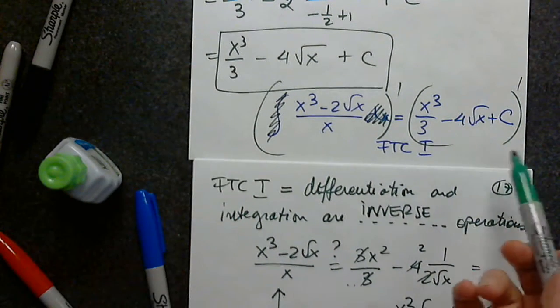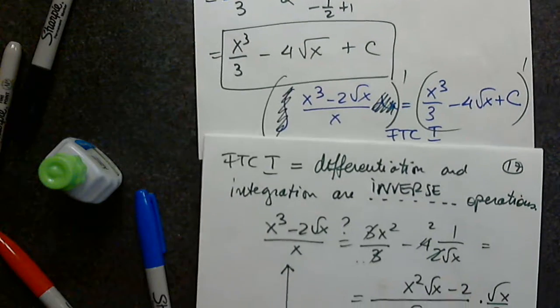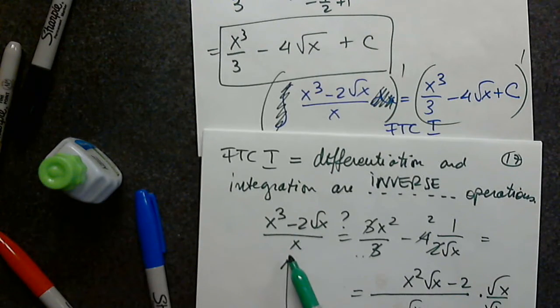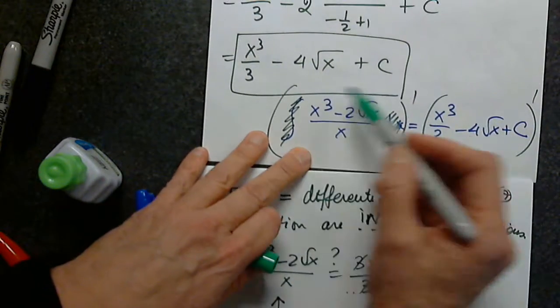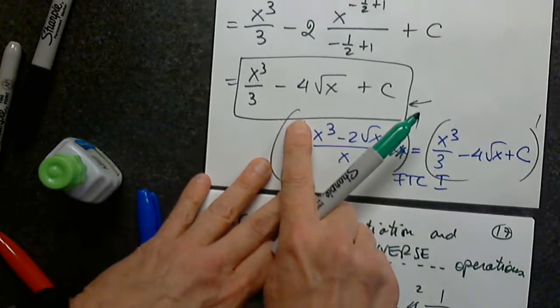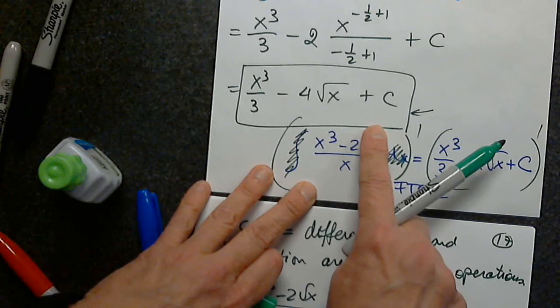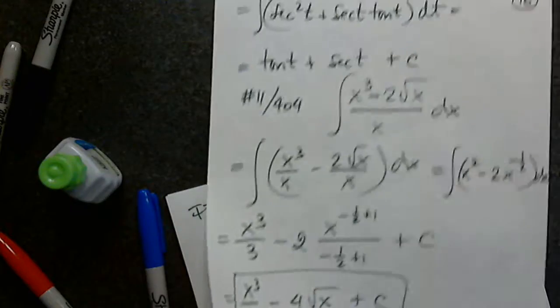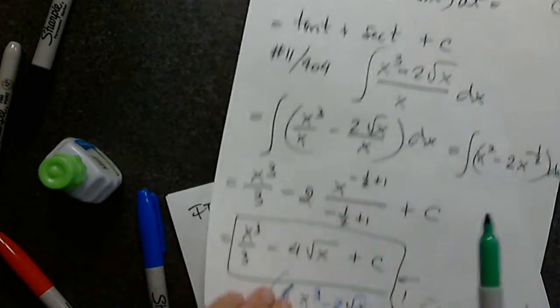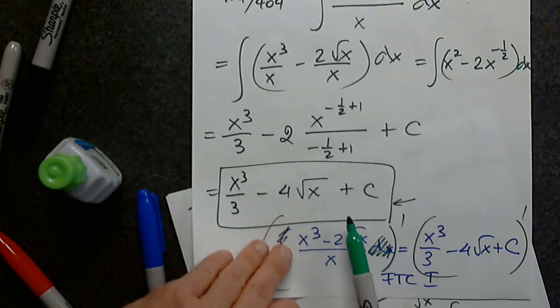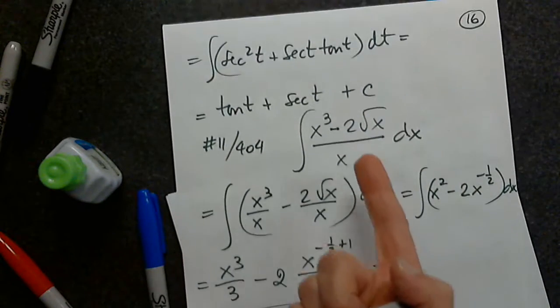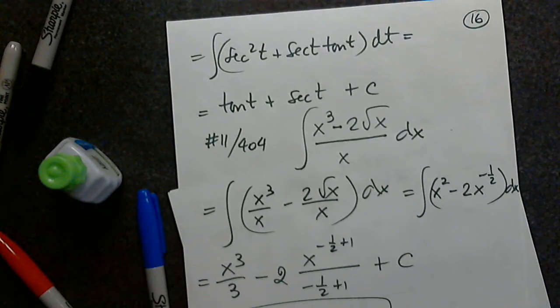And we differentiated the right-hand side, and we got this, and we show that they are the same. So, which means that the antiderivative, or if you want, the function that represents the indefinite integral is indeed correct. We differentiated this, and we got the function back.